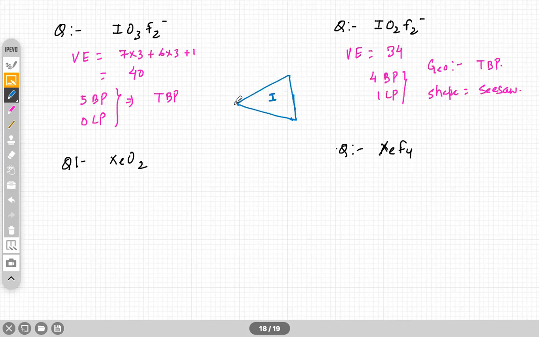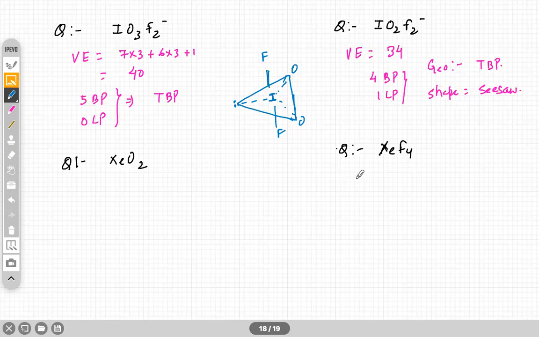One lone pair will be at this position, any one of these three. So I'll place it here. And then 2 fluorine and 2 oxygen. If you look at this, this looks like a seesaw geometry, okay?